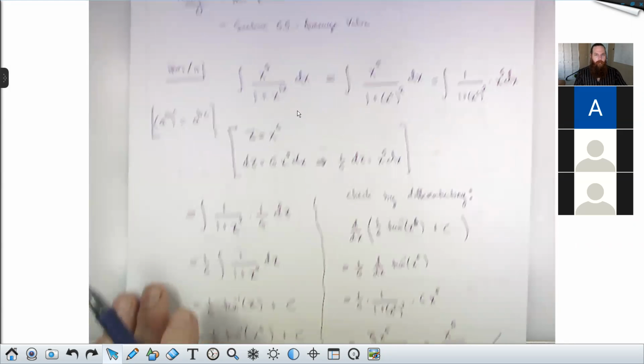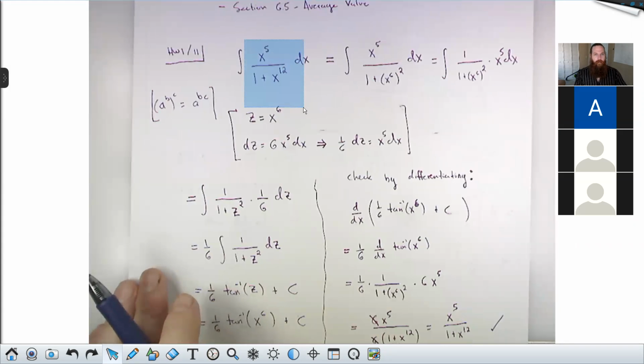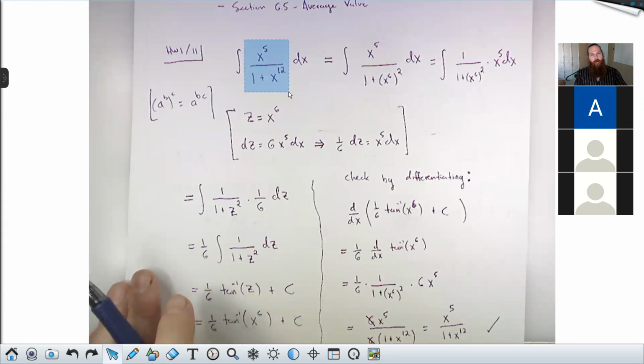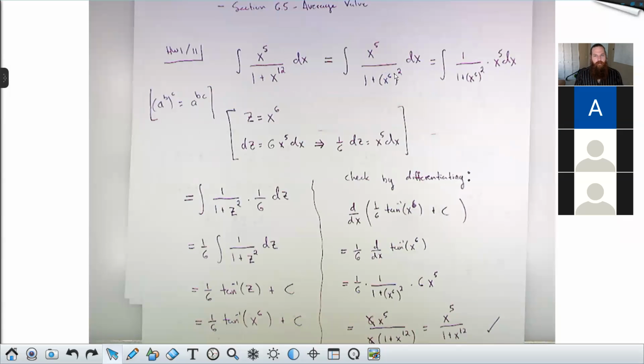When I have to pick the substitution here, I'm thinking, what's my outer function and what's my inner function? Because I can rewrite this as x to the 6 squared, I start thinking of my outer function as 1 over 1 plus z squared, and my inner function as x to the 6. And that tells me, oh, well, what am I going to do with this?